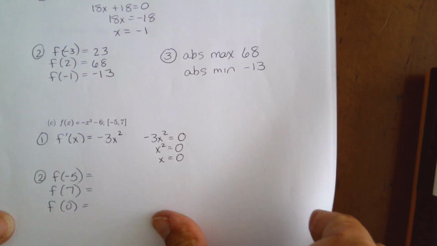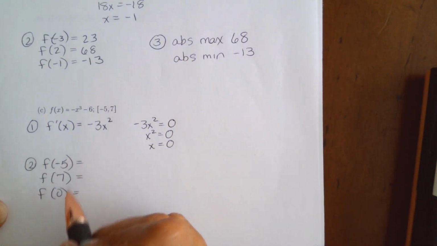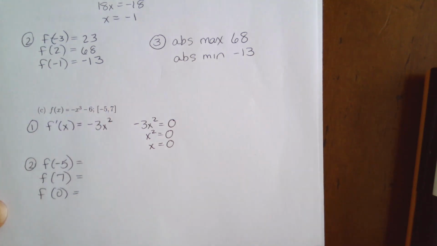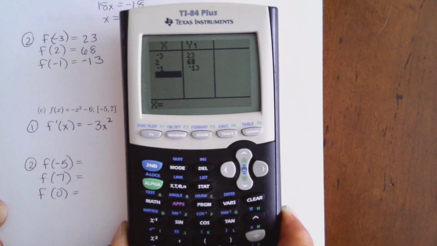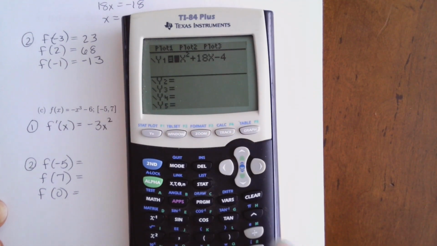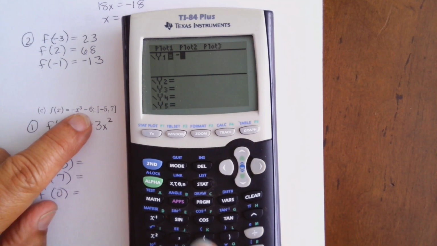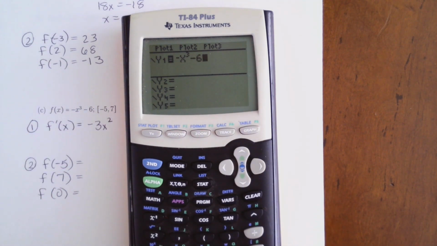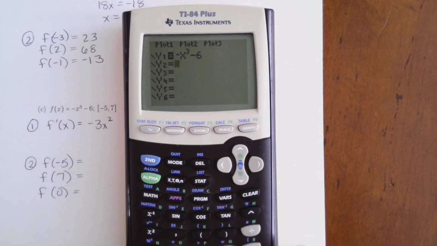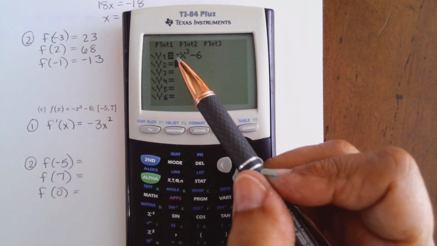Okay? So again, you can do this by hand. You can plug these in right here and get your answers. Or, as I like to do, go to y equal, clear out that old one, put in negative x cubed minus 6. Okay, make sure you put a negative sign here, not minus.